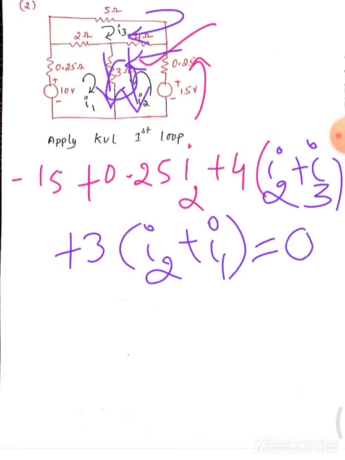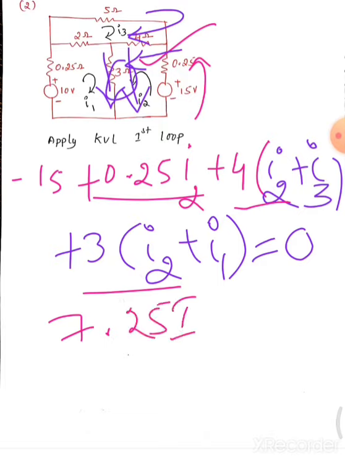Now you can simplify this. You are in the second loop, so add those: 0.25 I2, 4 I2 plus 3 I2. The total is 7.25 I2.